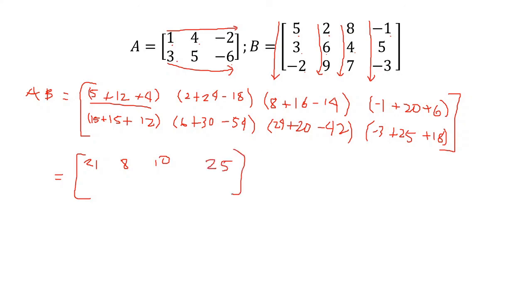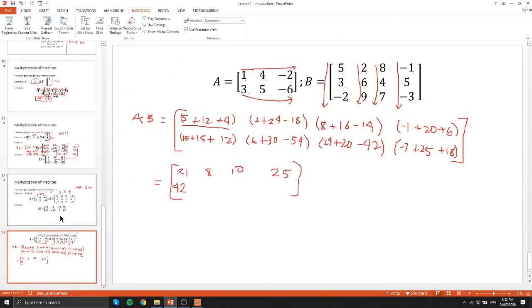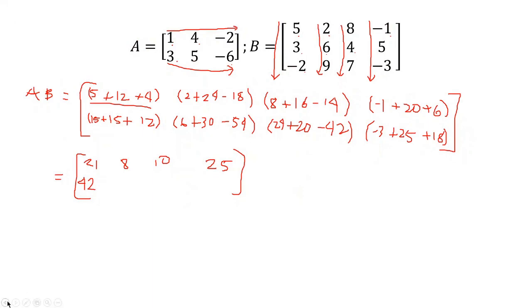Second row: 30 plus 14 is 42. Then 6 plus 30 is negative 18.